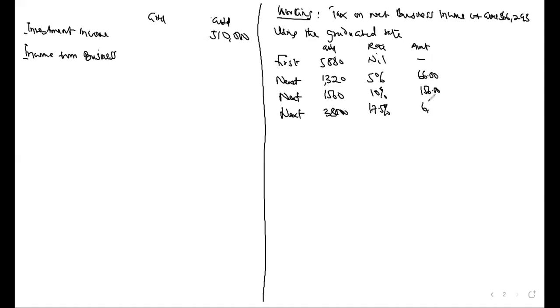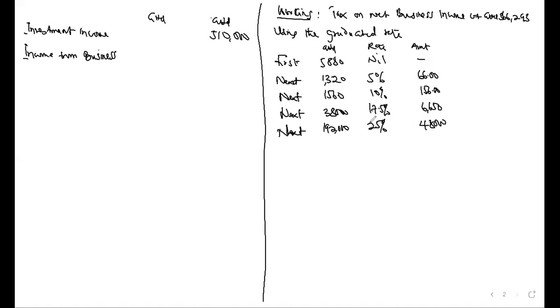This will give you 6,650. The income is big, 366. Followed by the next 192,000. The rate is 25%. This will give you 48,000.